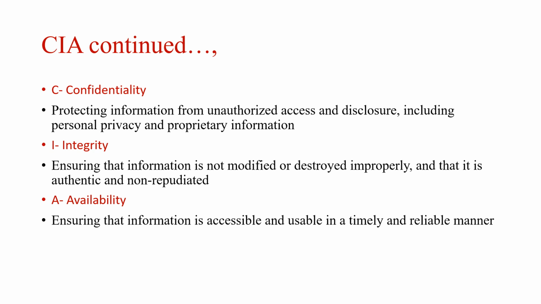In an active attack, the data is deleted, altered, or denied access. So integrity and availability are hampered through active attacks, and passive attacks hamper the confidentiality of information security.